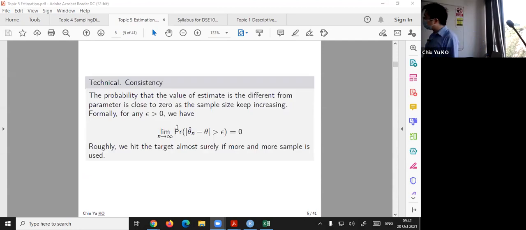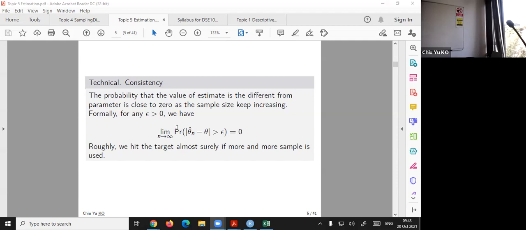Besides unbiasedness and efficiency, there's another property, which is rather technical. It says that if you increase the sample size enough, the estimator eventually hits the target.